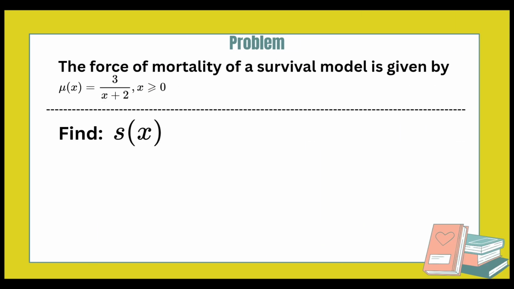So next is the survival function. The survival function tells us the probability that a person survives beyond age x. It is related to the cumulative hazard function via the formula S of x equals the exponential function of negative lambda of x.